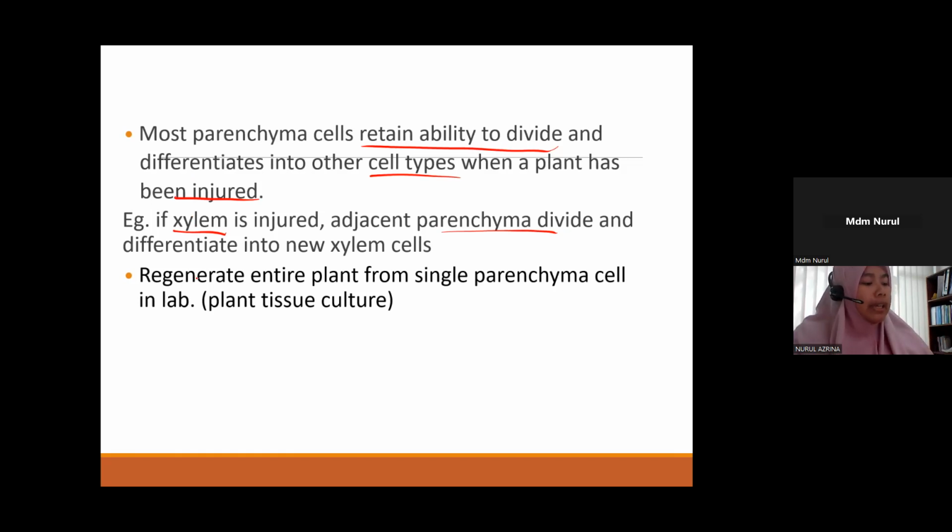And it also can, certain part of the plant, right? We can use the single parenchyma cell to generate entire plant in the lab via tissue culture. So we can use parenchyma cell to regenerate entire plant. Okay, right.